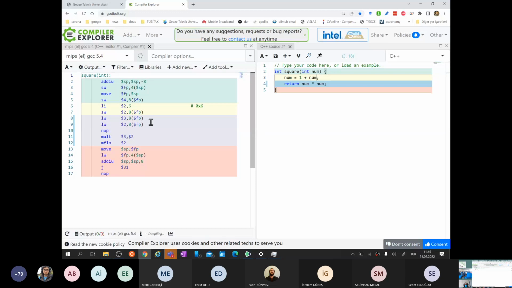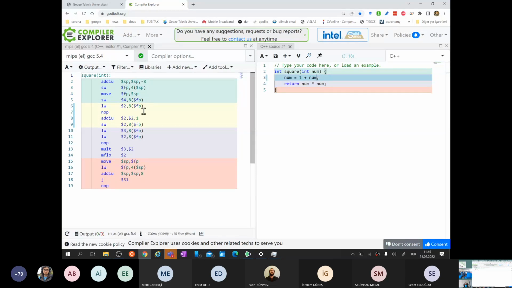So this means what? Load, point to register number 2 and add 1 to register number 2 and then put it back to register number 2 and store it back to num, the position of num.